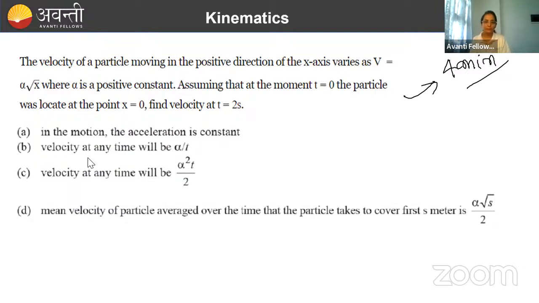What value of acceleration are you people getting? Is it constant or variable?